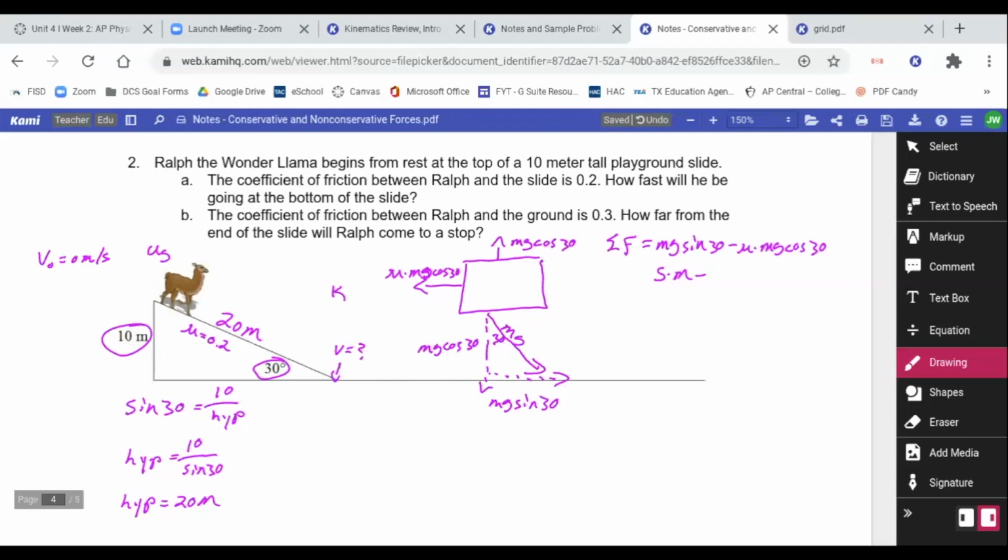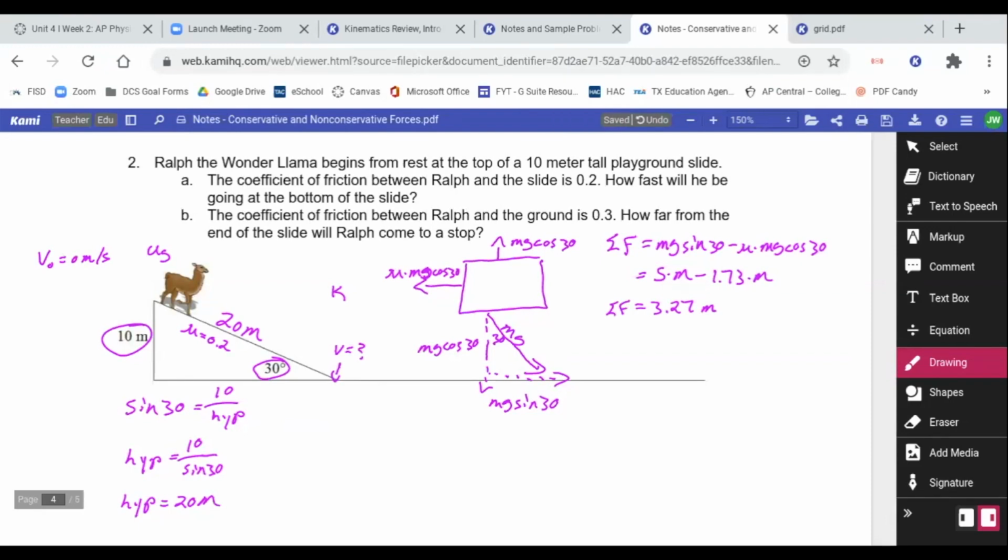So we would have 2 cosine 30 gives me 1.73. 1.73 times mass is my friction force. And if I have 5m and I subtract 1.73m, that should give me 3.27m. Yeah, that adds up, right? So my summation of forces is 3.27m.